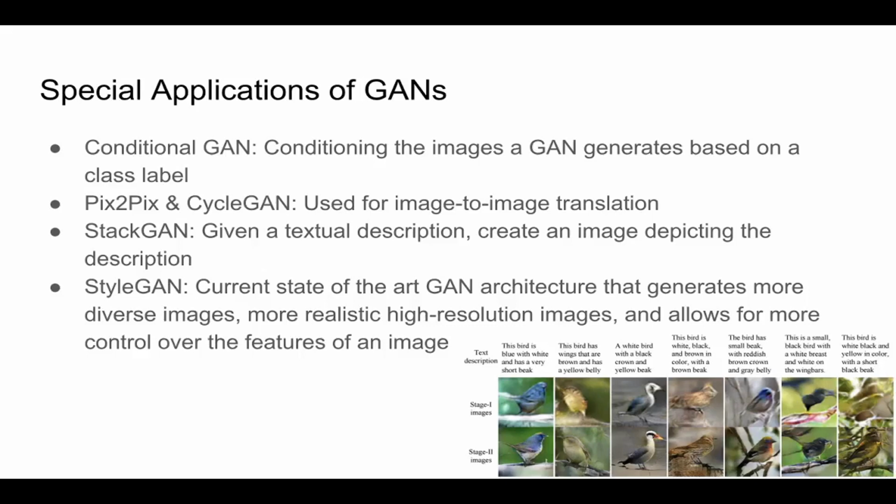And you can see a couple examples of this architecture on the bottom right. Lastly, the StyleGAN is the current state-of-the-art GAN architecture, which can produce very realistic, diverse, and high-resolution images, and allows more control over the features that are in the image.